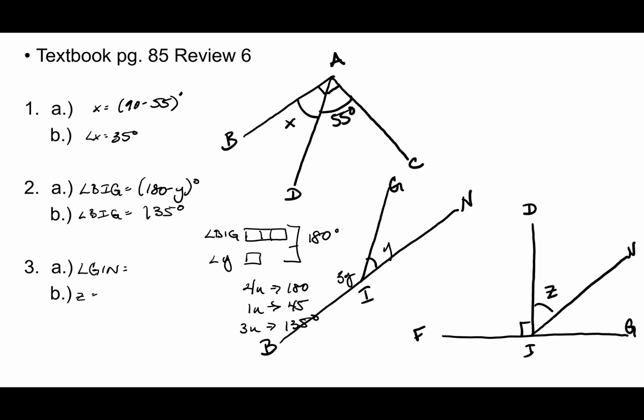Oh, it's time to go. All right. Oh, so hold on. Your homework for tonight is workbook review 6. It's pages 85 to 89. It's only numbers 1 through 12.